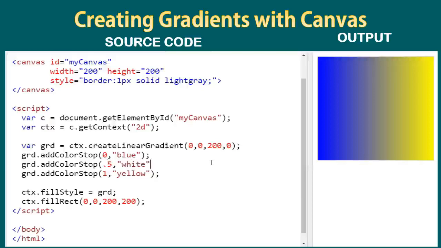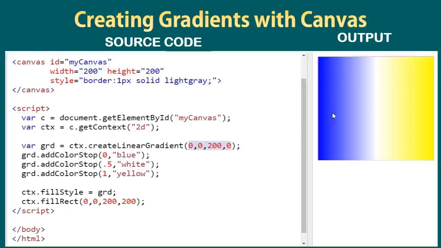Now let us see the output of this. So now we can see all the three colors. It starts with blue, in the middle we have white, and in the end we have yellow. And here you can adjust these values to change the angle.